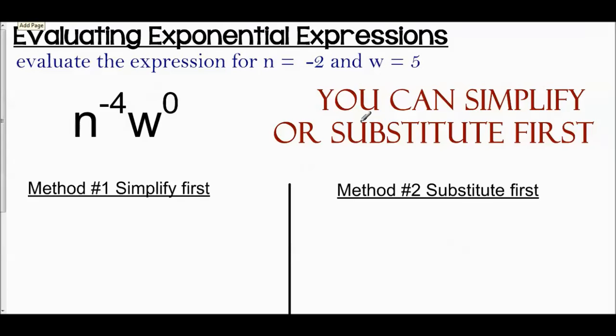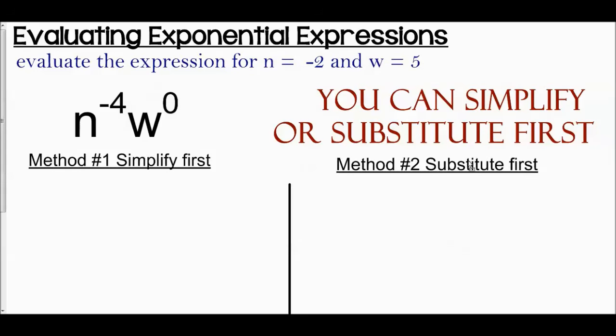So for evaluating exponential expressions, there's going to be a couple of ways that you can do this. You can either simplify first, like push n to the fourth down to the bottom, or you can substitute first, either way. So I'm going to show you both methods, and there's not one method that is superior to the other. It's really just a matter of personal preference.